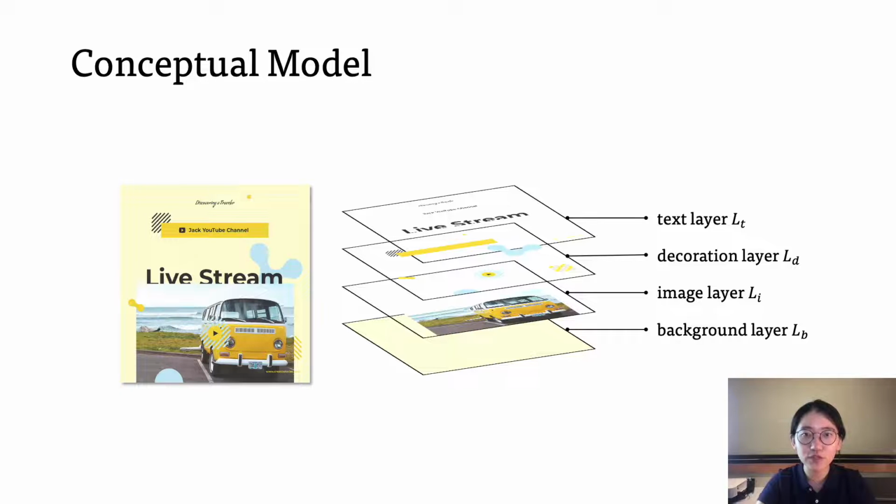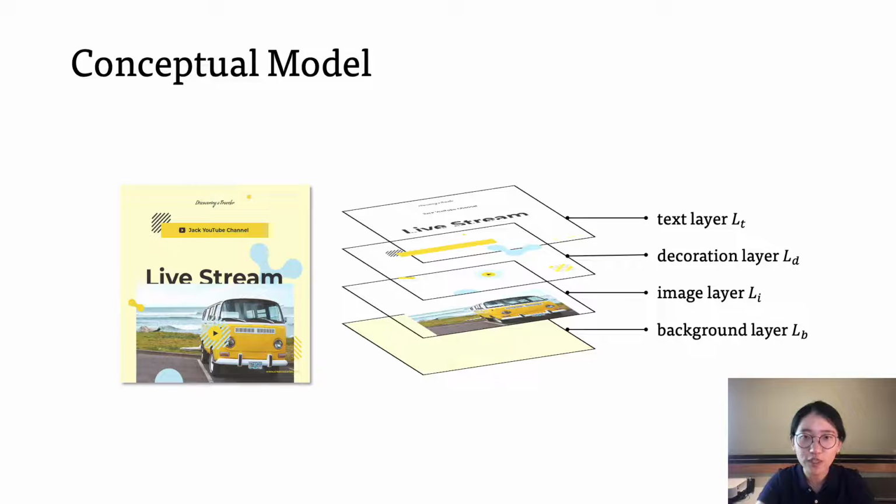Now, let's dive into details. How does De-Stijl work? First, we will define the structure of a graphic design. We build a conceptual model to decompose the graphic design into 4 layers: text, decoration, image, and background. However, to acknowledge, there is no publicly released graphics dataset in such an appropriate format.